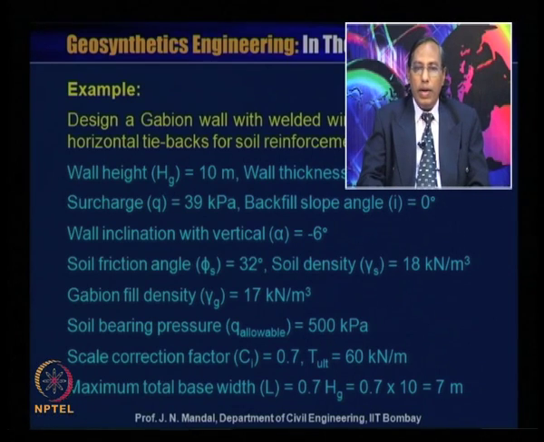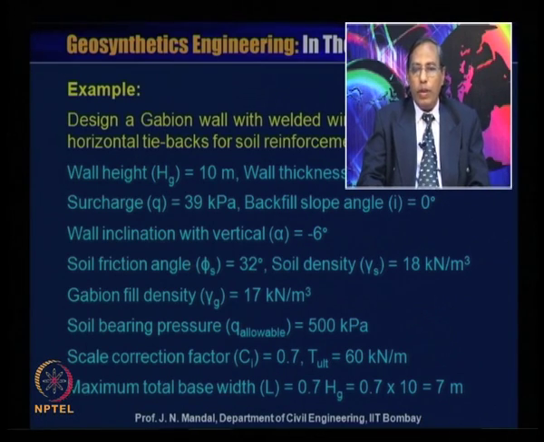The gabion fill density gamma G is 17 kilonewton per meter cube, soil bearing pressure Q allowable is equal to 500 kilopascal, scale correction factor Ci is equal to 0.7 and T ultimate is equal to 60 kilonewton per meter.